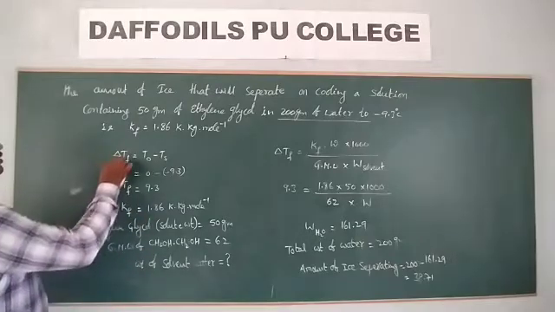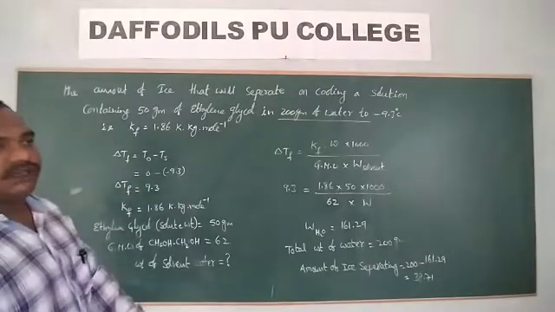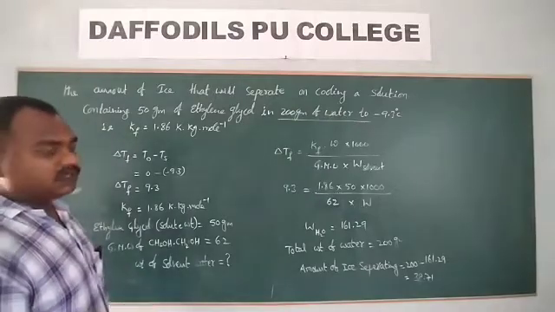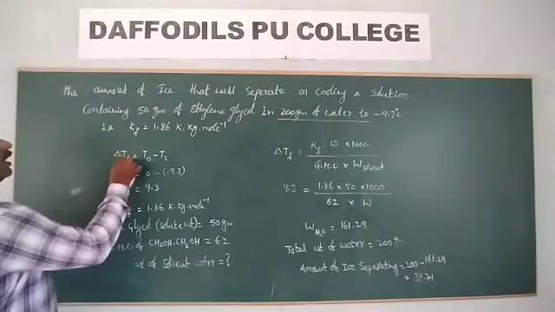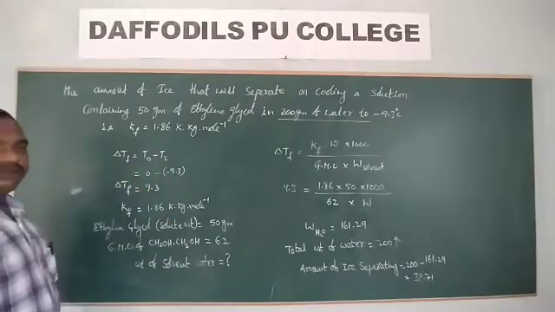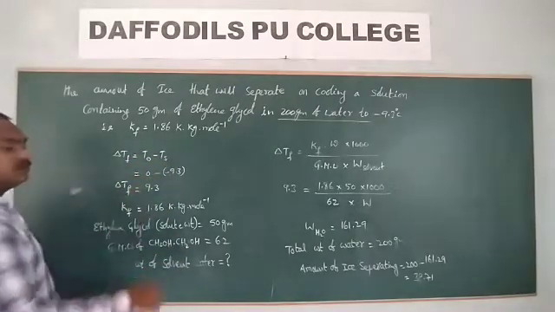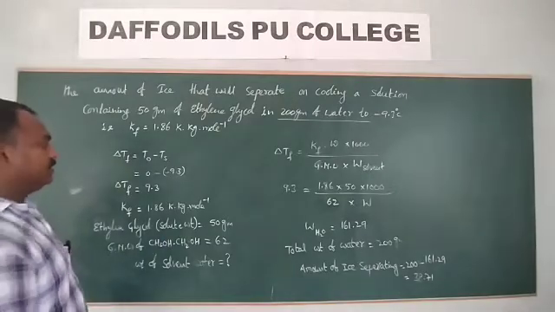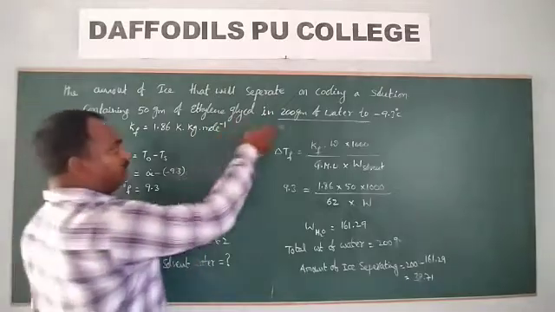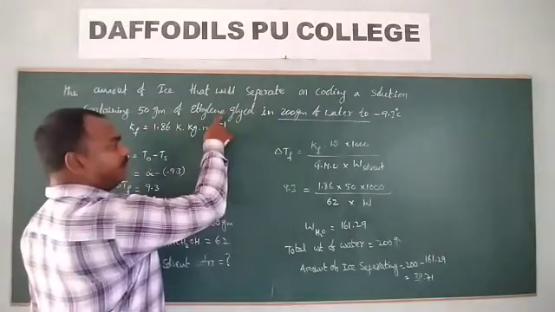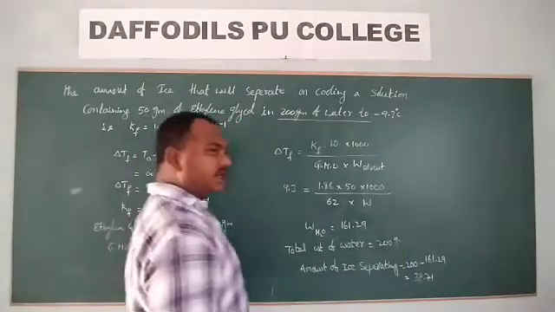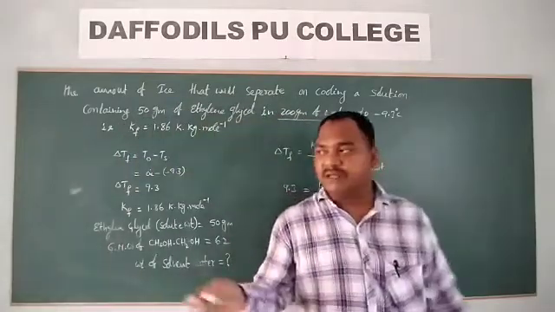So first find out the depression in freezing point. Delta Tf is equal to T naught minus Ts. What is the freezing point of water? 0 degrees centigrade. After adding ethylene glycol to the water, it becomes a solution.